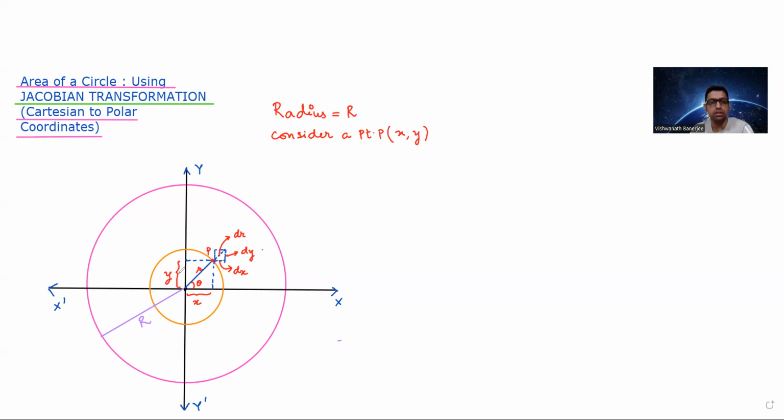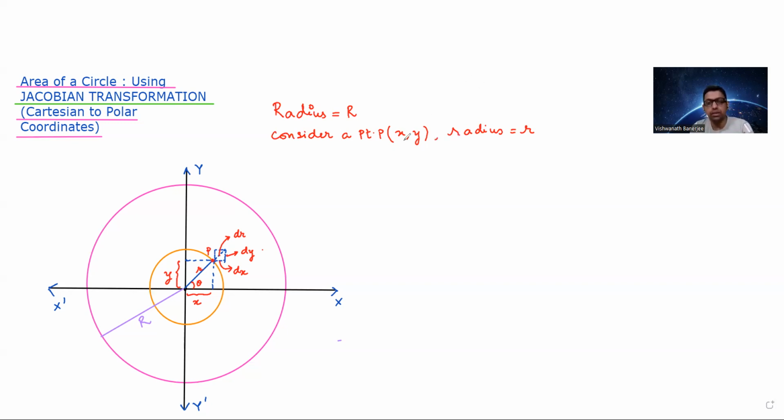For the smaller orange circle I have drawn, consider a point P on its circumference. It has coordinates x, y and a radius small r. Clearly, one can see the projection of small r on the x-axis is small x, and the projection of small r on the y-axis is small y.